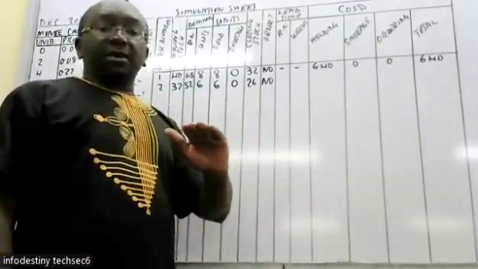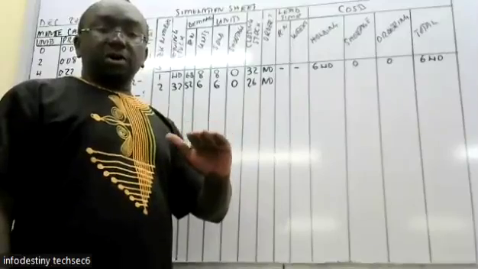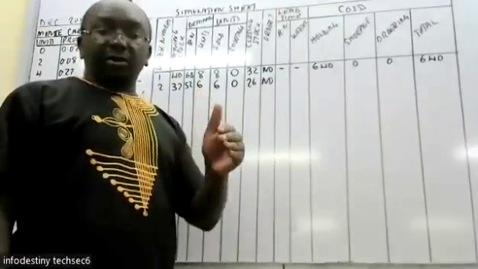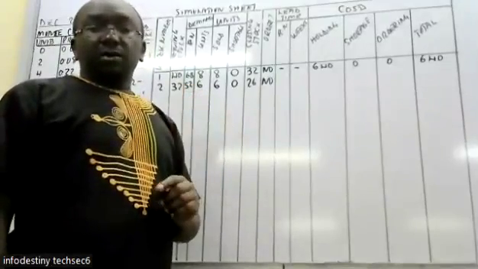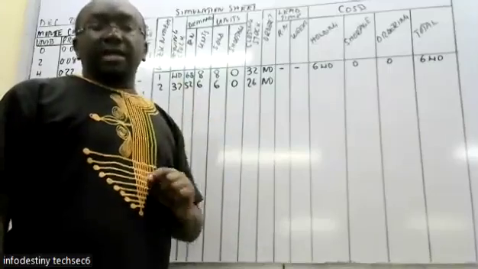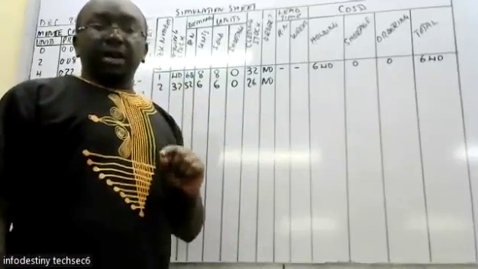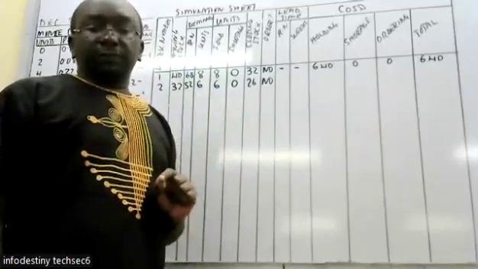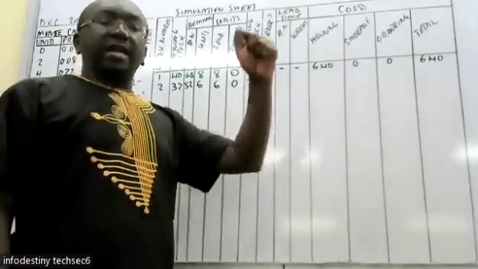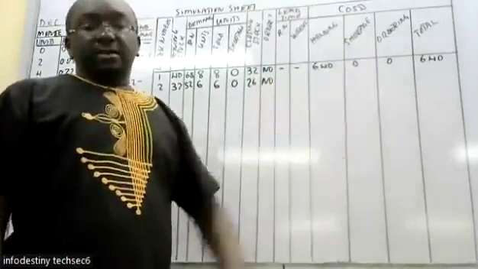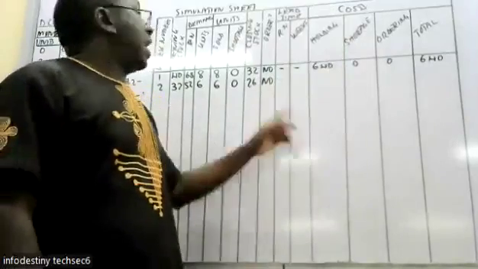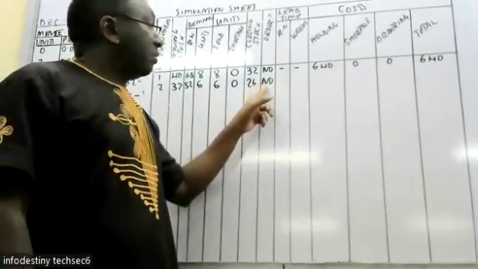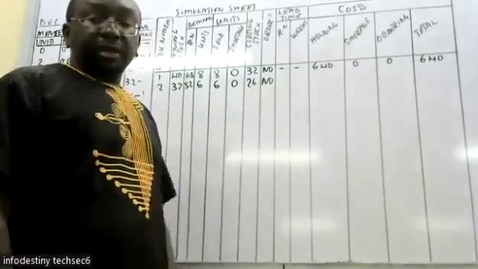But you don't place the order now because you only get to know your closing stock at night ukishafunga duka yako. So kama umefunga kwako, you don't make another transaction. The shop is already closed. Even those who sell to you, they have already closed. So you will make the order the following week or the following day. That is the practice. So here it is true we have gone below the order point, but we are not making the order now. We make the next week. Is that okay now?